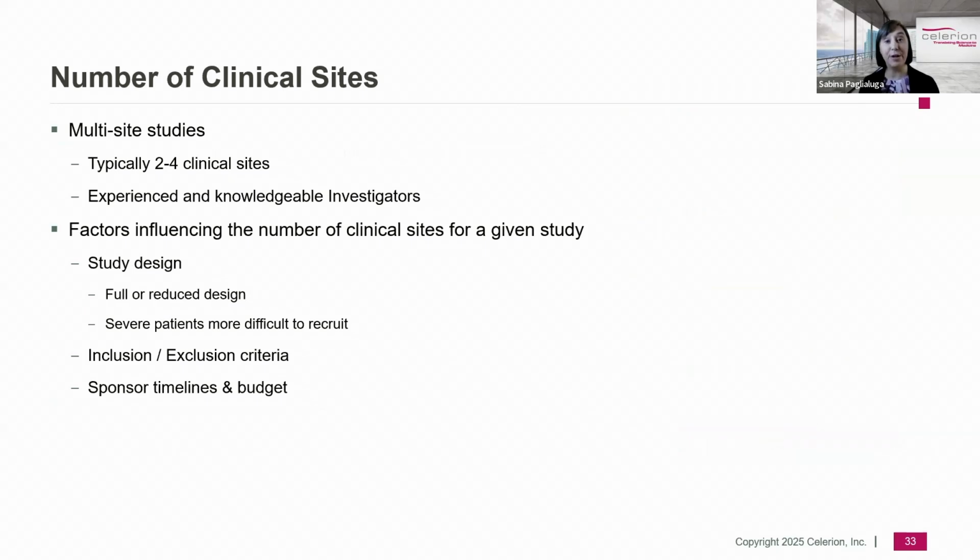Also, the number of severe patients could be rate limiting in terms of enrollment into a renal impairment PK study. The inclusion-exclusion criteria as well. For example, if there's any genotyping needed, we may need to look into several sites to help identify these specific patients. And then it also depends on the sponsor and their timeline and budget.